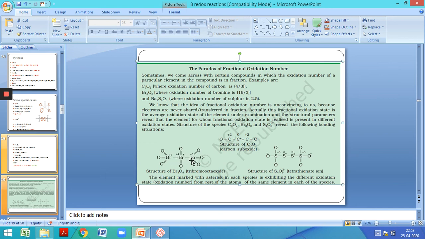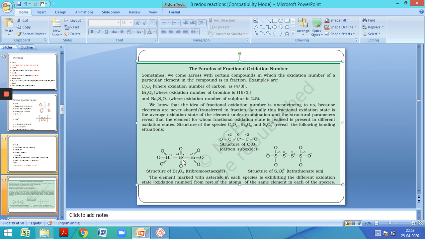Here also, the same case. This is attached to three oxygens, each minus 2, minus 2, minus 2. Sum of the negative charge minus 6, so this bromine is plus 6. The other bromine, minus 2, minus 2, minus 2 from the three oxygens, so this bromine also becomes plus 6.